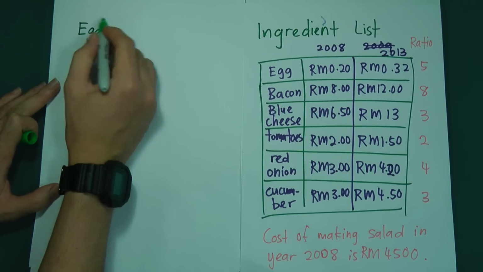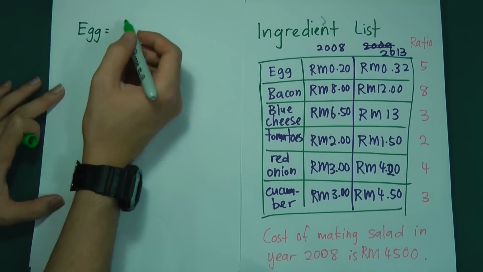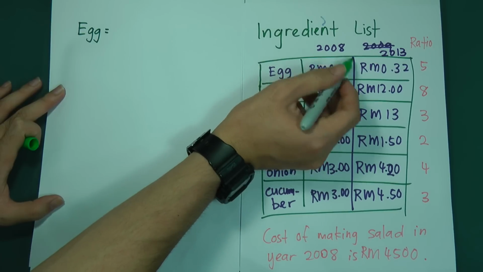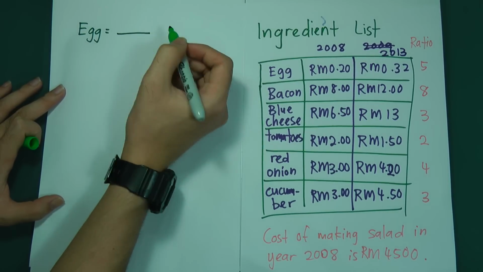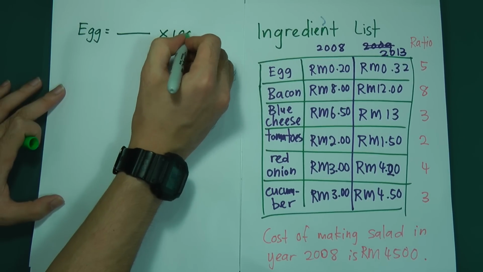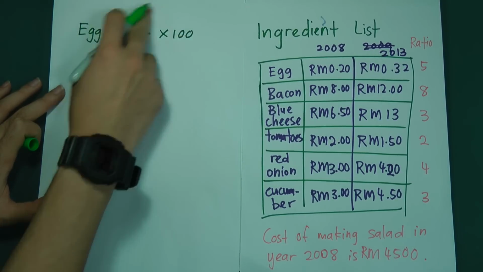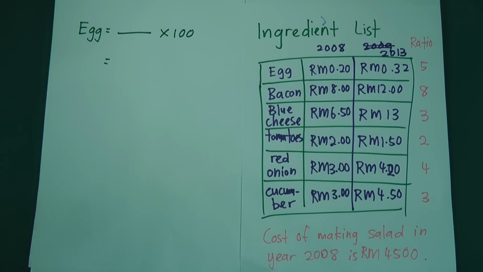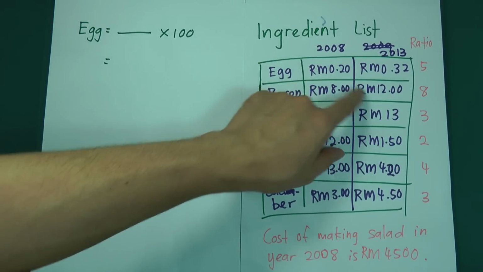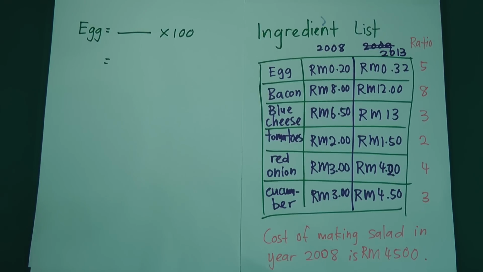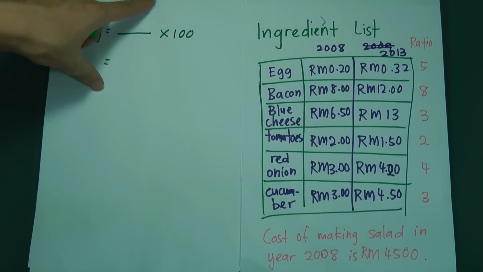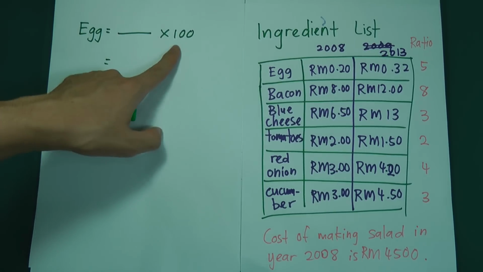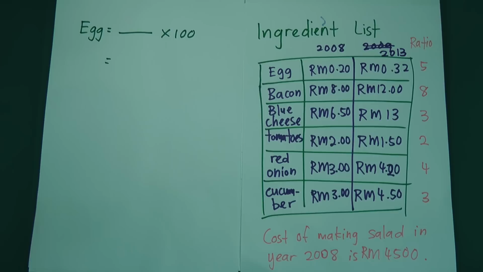If we want to calculate how much different, we have to put the current year on the top, and the 5 years ago we put on the bottom, then we multiply 100%, then we can get how much increase. Because in order to get the price difference by percentage, we have to put the current year on the top and the year we want to compare on the bottom, and then multiply 100, then we can get the percent.